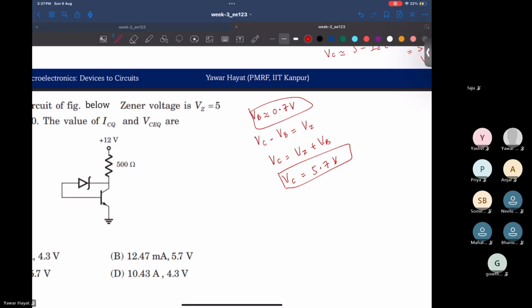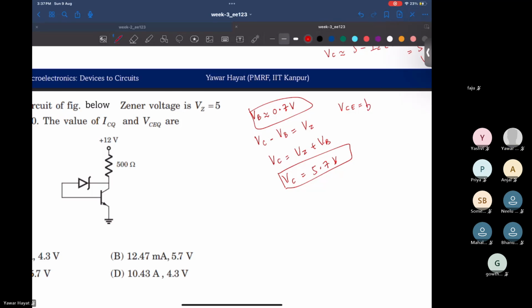Now, then VCE would be how much? What about VCE? How much is that? 5.7. That is same as VC.